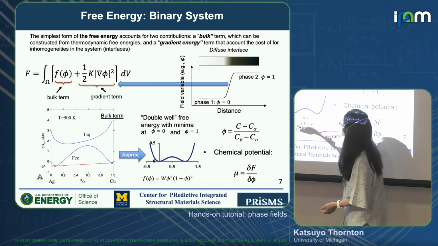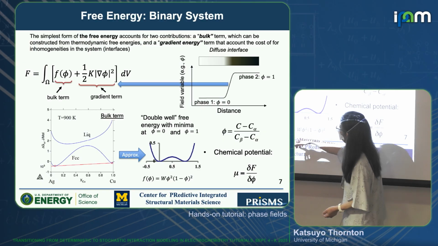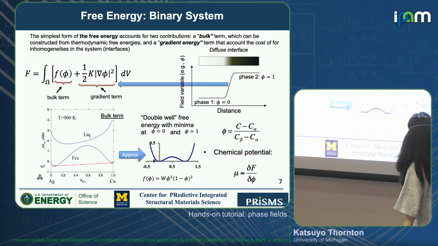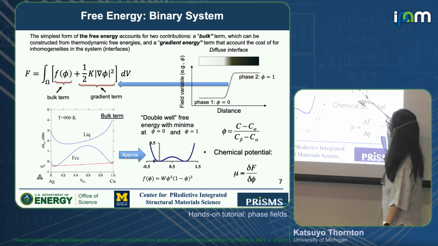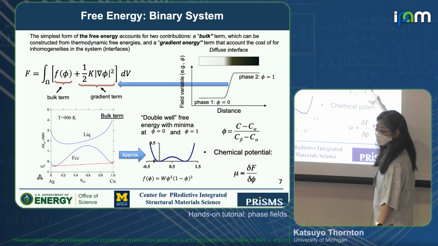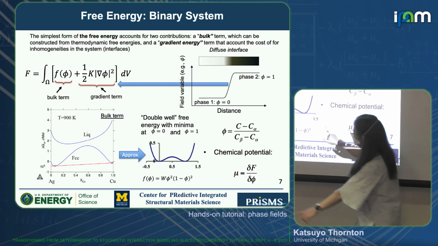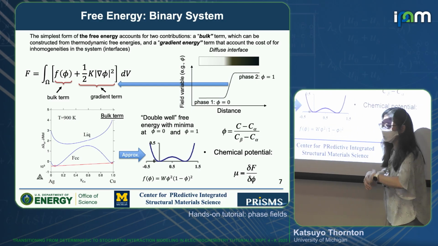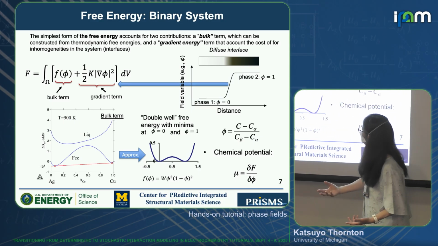And then you can also shift the point of the equilibrium. So this is actually not quite 0 or 1, but you can subtract from the concentration an equilibrium point, divided by the difference of the concentrations, and then that will let you go from 0 to 1.